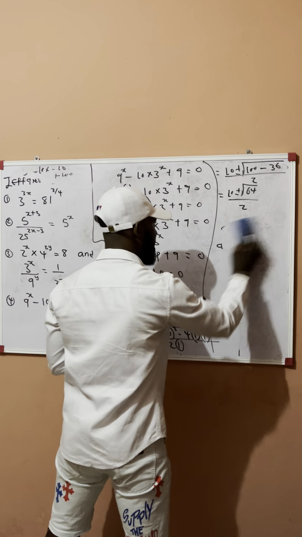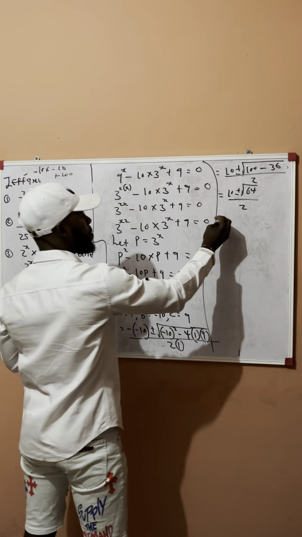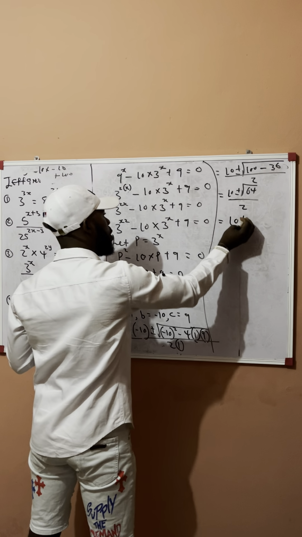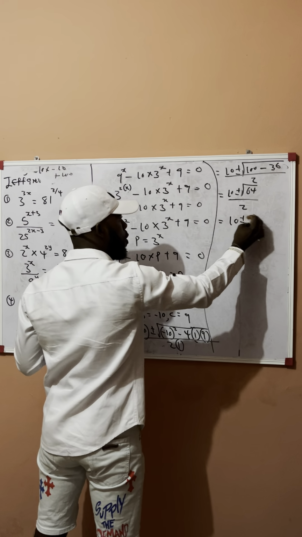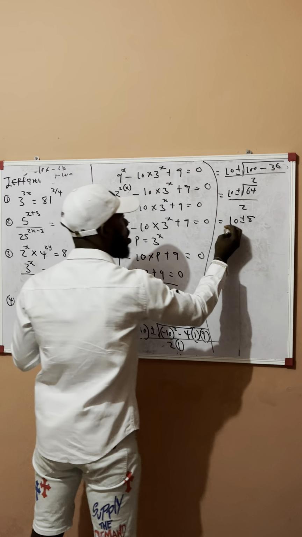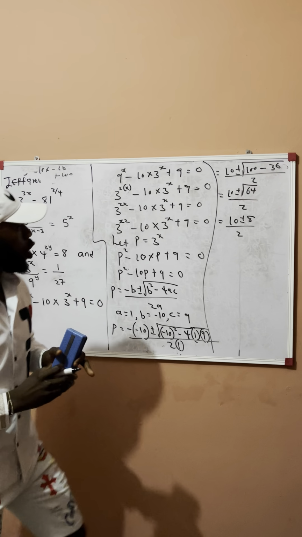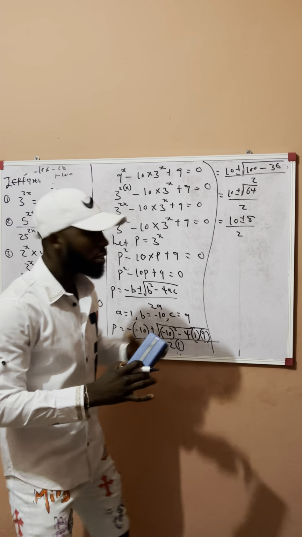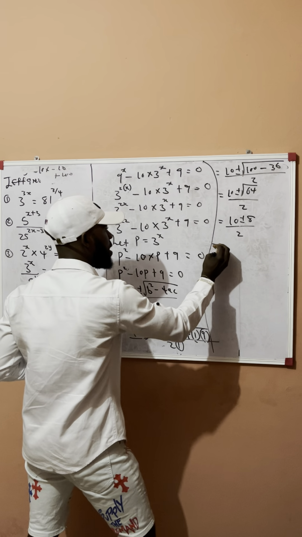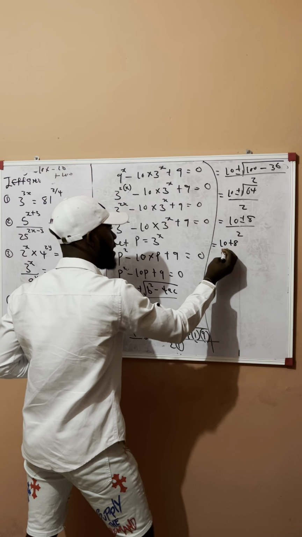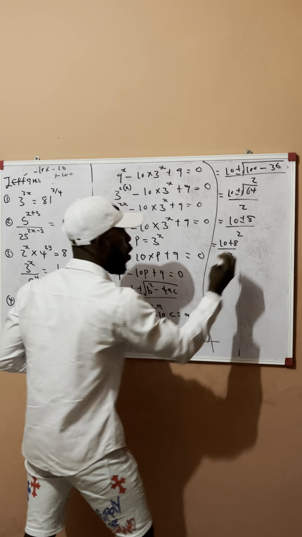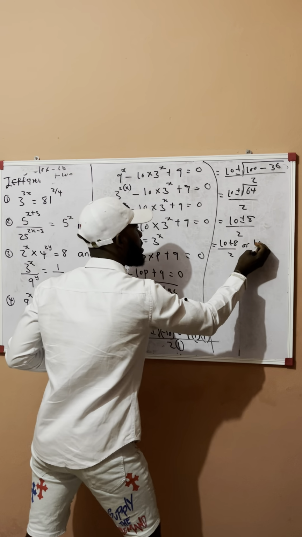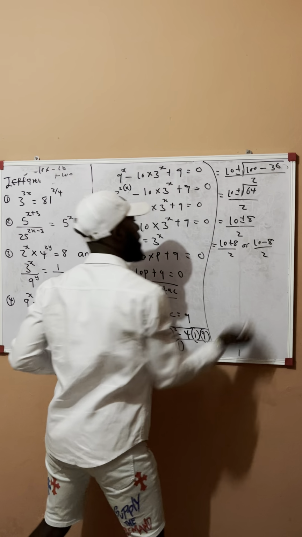But before we do that, here becomes 10 plus or minus square root of 64, which is 8, all over 2. Now, you will notice that I have plus or minus here, so this is going to appear 2 times. So this simply means 10 plus 8 over 2 or 10 minus 8 over 2.